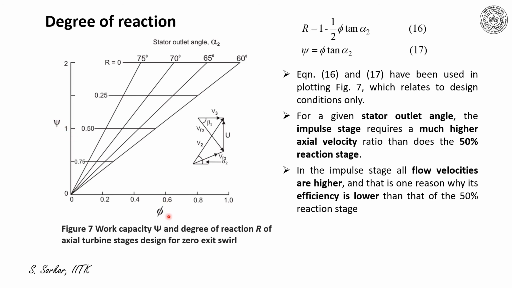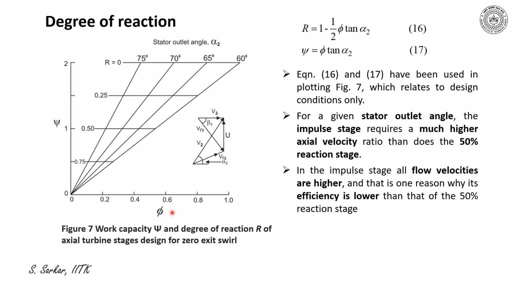So this is the psi-phi relationship for different values of r and for different stator outlet angles alpha 2. What it shows is that for given stator angles, the impulse stage requires a much higher axial velocity ratio than that of the 50% reaction stage.